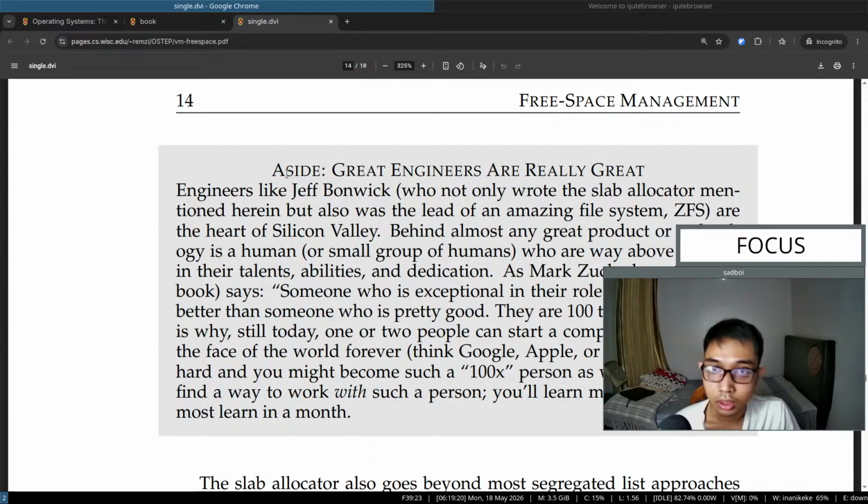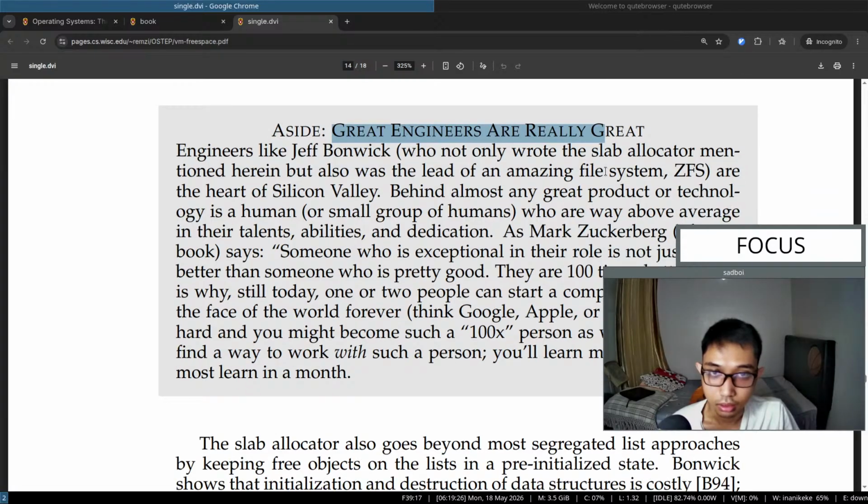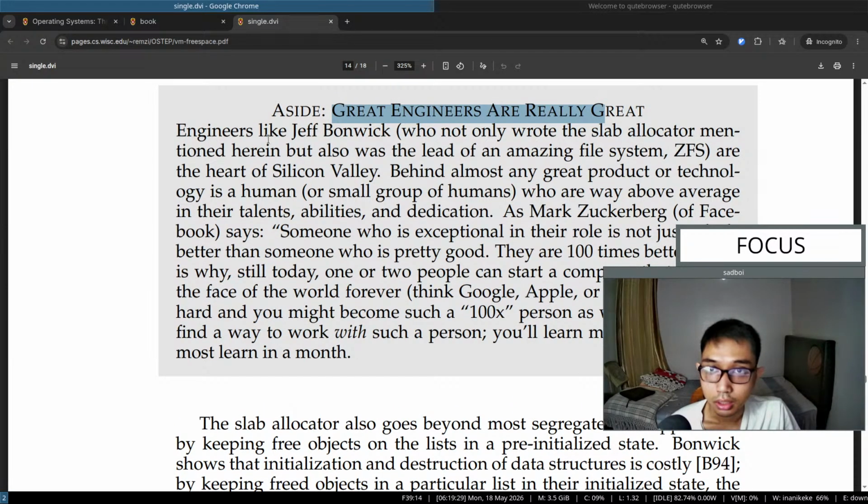Alright, let me read this aside. Great engineers are really great. Engineers like Jeff Bonwick not only wrote the slab allocator mentioned herein, but also was the lead of an amazing file system, ZFS. Oh, okay. These are the heart of Silicon Valley.